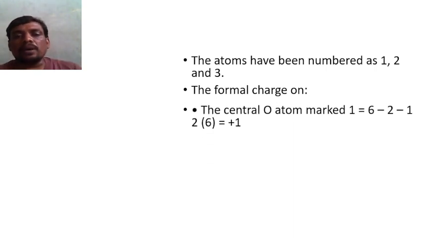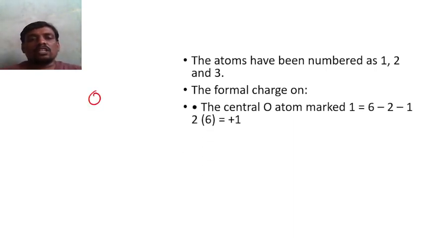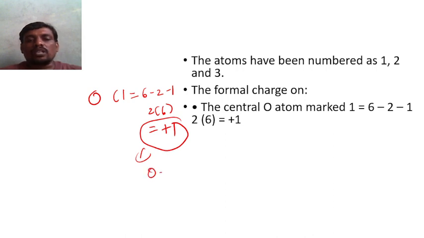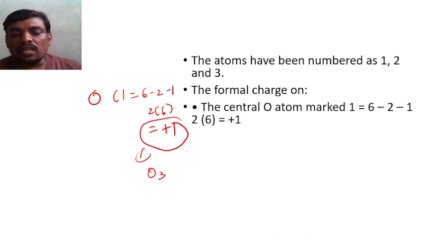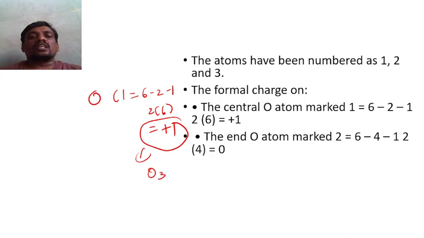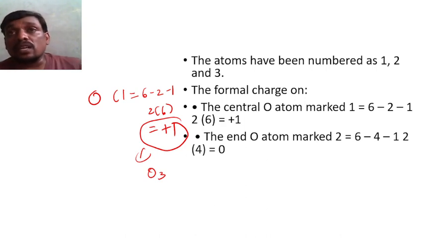Formal charge on them is respectively, starting with the oxygen atom marked 1, equal to 6 minus 2 minus 1 by 2 into 6, equal to plus 1. The value is plus 1. This is the formal charge on the first oxygen of O3. Based on the electronic configuration, if you want to find the formal charge of a specific element, we have a formula for that, which I showed in the previous slide.